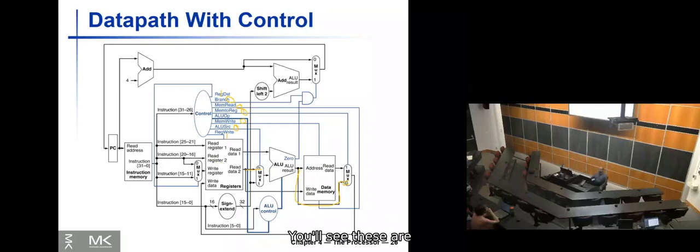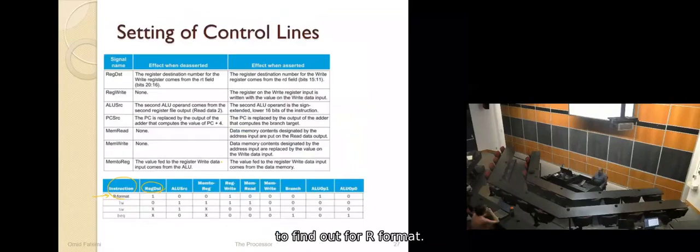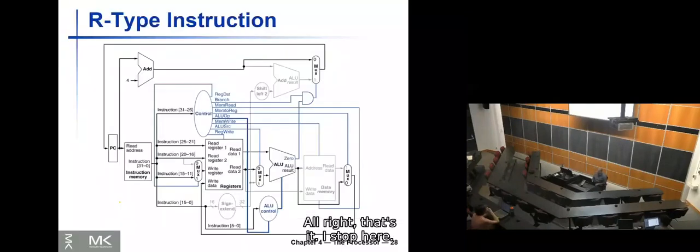So you see, these are the control values which we have to find out for R format. And you could do the same for load, which I will give you maybe in the quiz or in the exam. That would be a good question for the exam. Okay, that's it.